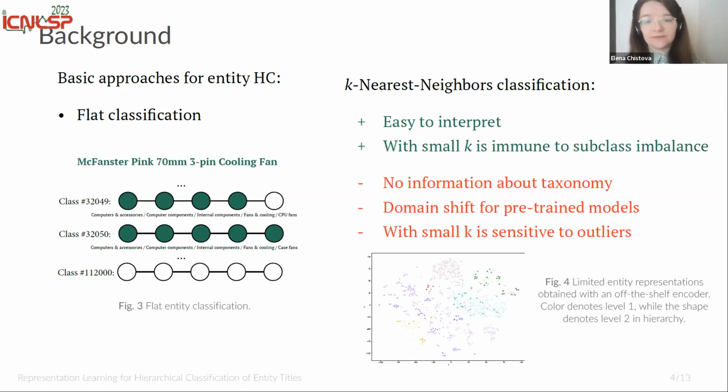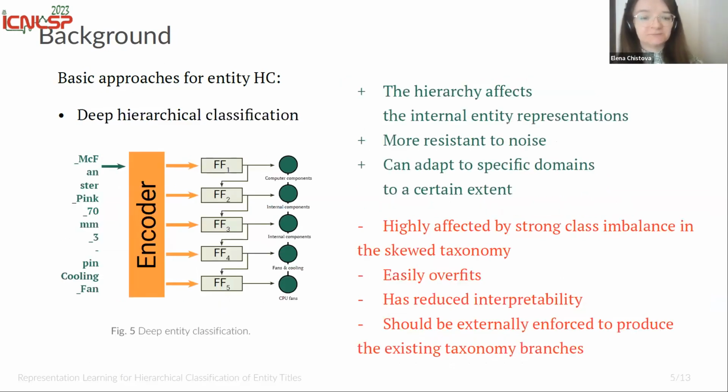However, flat methods ignore taxonomic structure and can be sensitive to outliers, which are a serious problem in such systems. Second, deep hierarchical classification employs end-to-end neural model learning to predict taxonomy structure within the model.